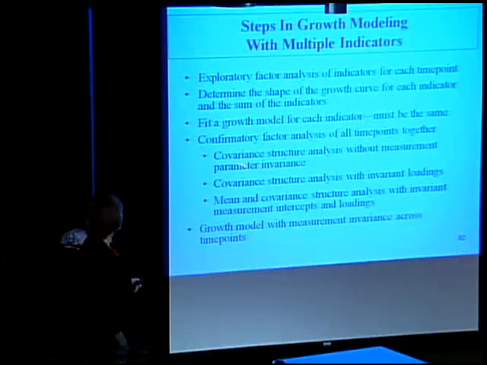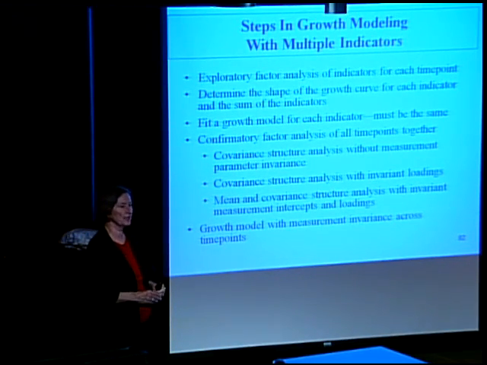First, without measurement parameter invariance. So the first time you analyze it, you want all of the measurement parameters, the intercepts and the factor loadings, to be free across time.